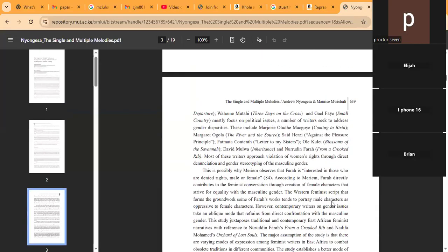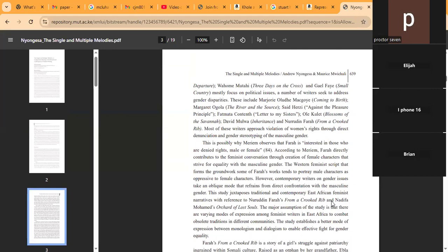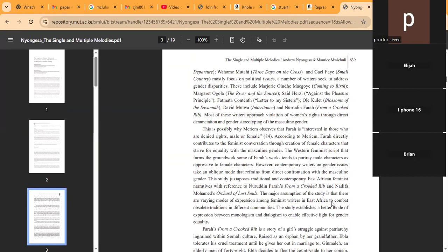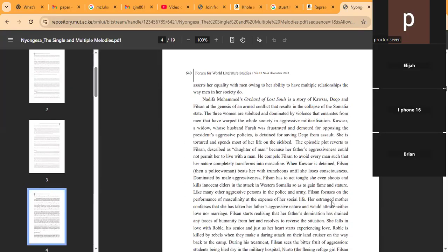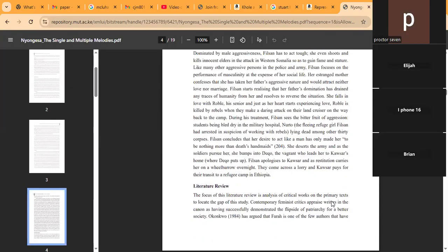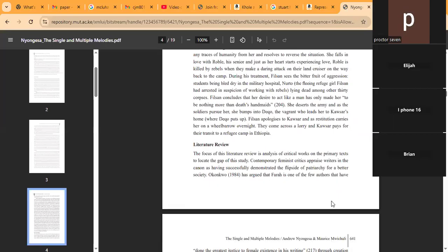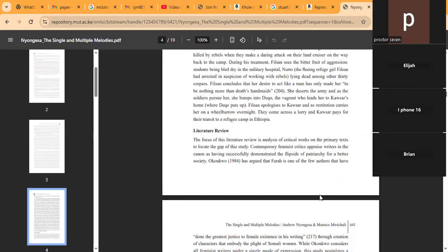You write an introduction. Maybe I'll share with you so that you read. Then after the introduction, let's see the format. Literature review. The focus of this review is analysis of critical works on the primary texts to locate the gap of the study.